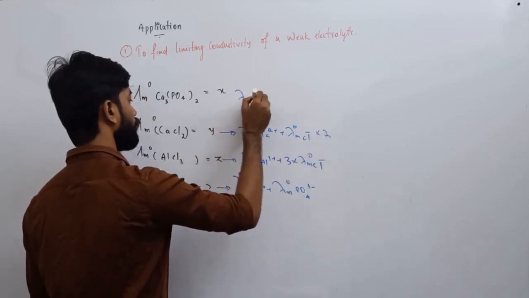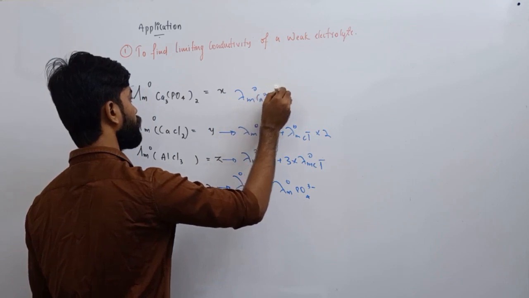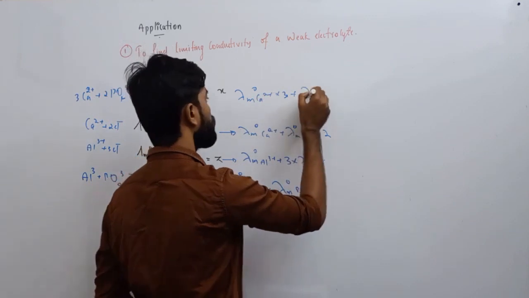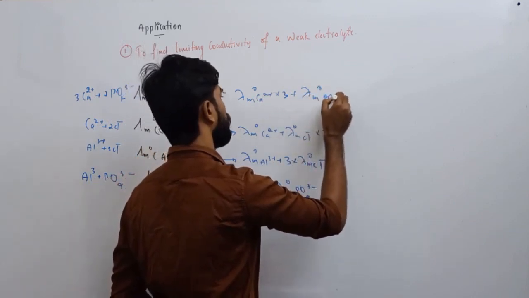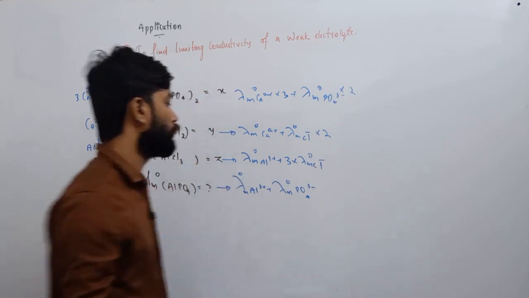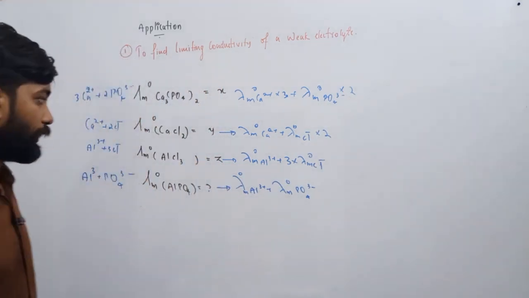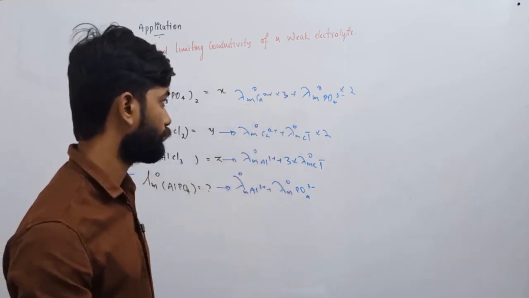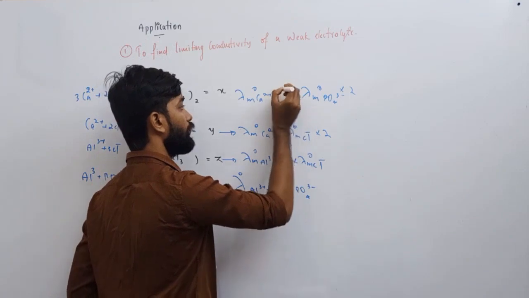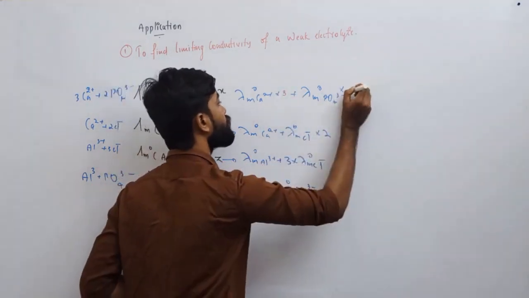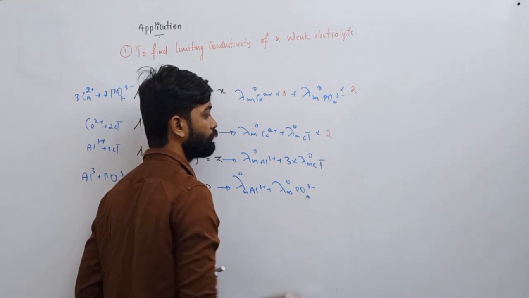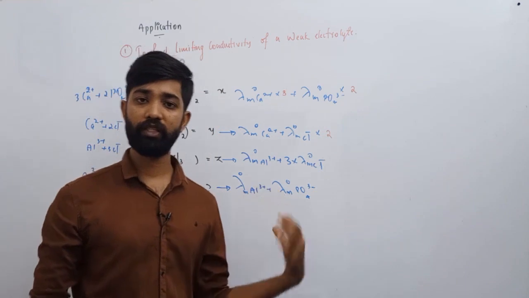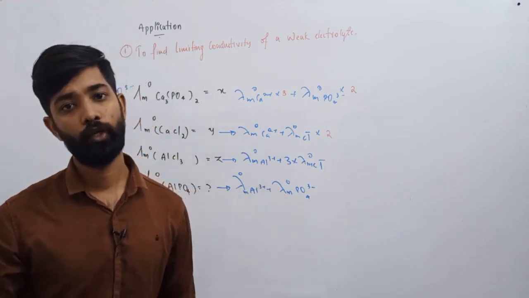Here, lambda m0 of Ca2 plus into 3 plus lambda m0 of PO4 3 minus into 2. So it is very difficult to find lambda m0 of Al3 plus and lambda m0 of PO4 3 minus from this, because this is not a simple equation, it has some kind of multiples here, right? So the method which is used in the previous case is not well applicable here.